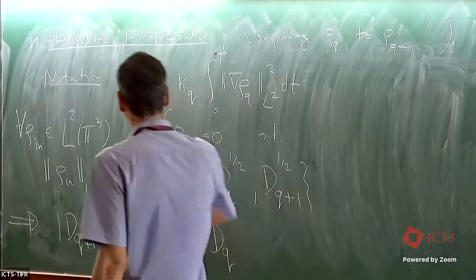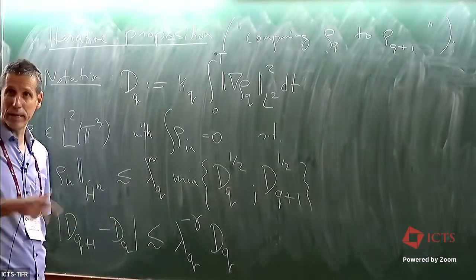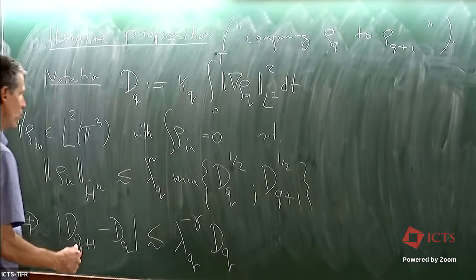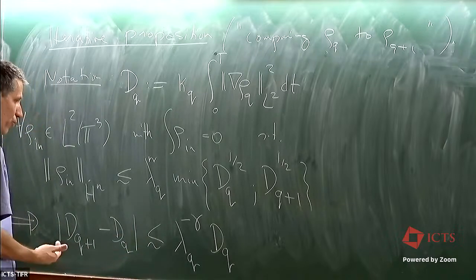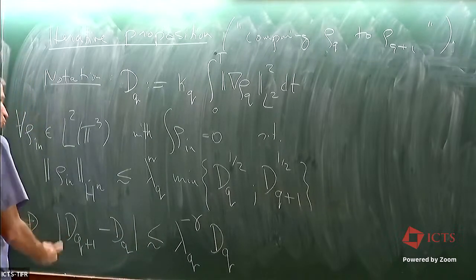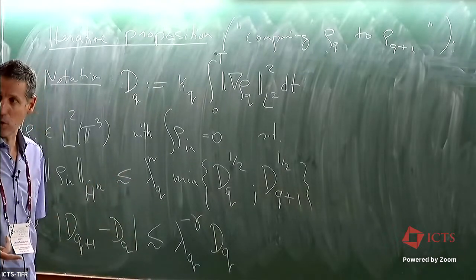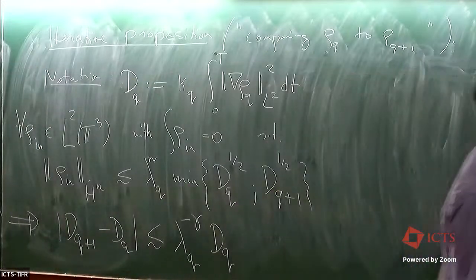Now, where this comes from is basically the energy estimates that I showed briefly yesterday. In order to control even the L2 norm along the iteration, you need to know higher order norms of the previous one. And that's something you already see on this formula.